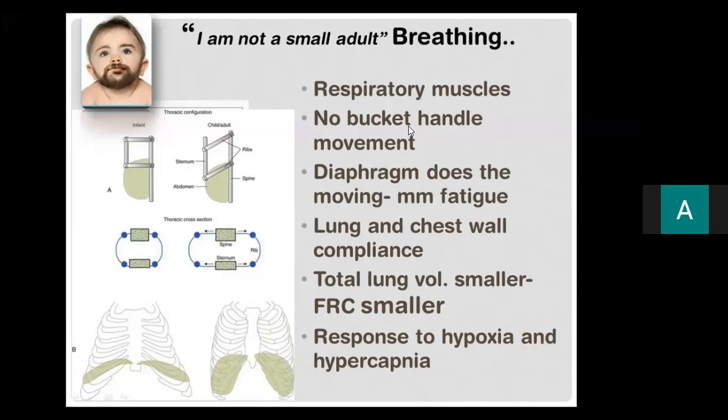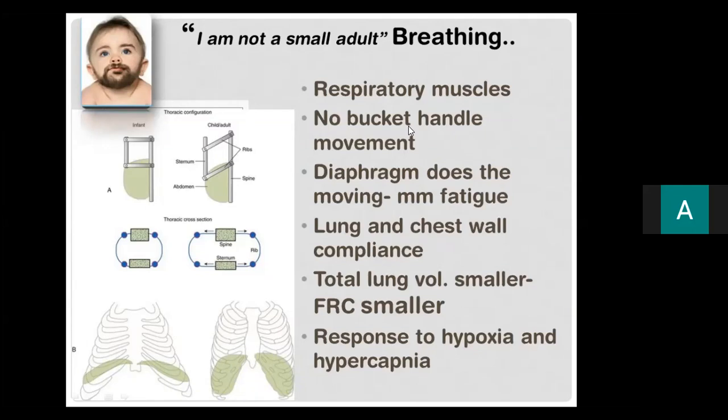As long as you find a child who has any form of distress, they'll not compensate for long. They will stop breathing because they easily fatigue their diaphragmatic muscles, as opposed to the type that older children and adults have. They have type 2 that can sustain for a longer time, while the infants have type 1.